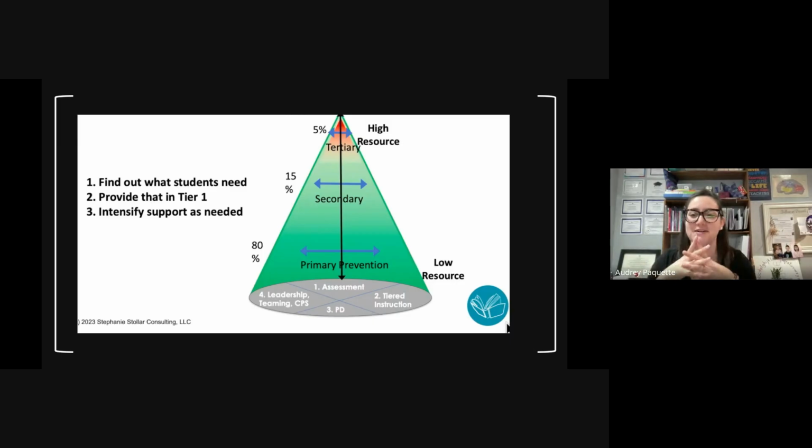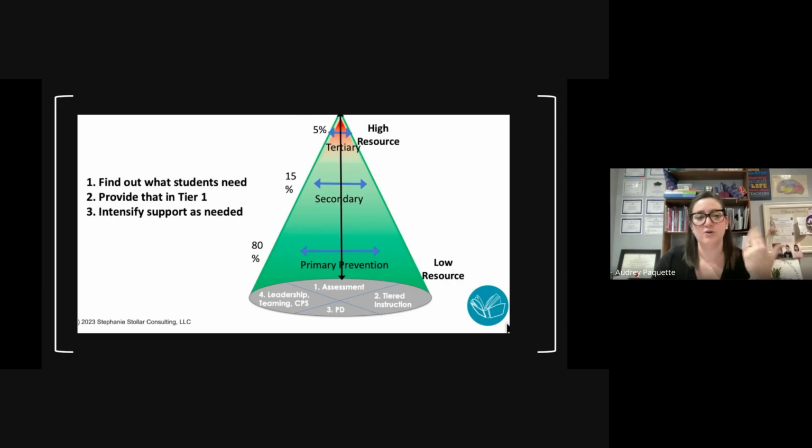It's a cone because she has a base, and in that base this is really where we have those 4 different aspects, which I really want to dig into. If they are not present, then MTSS cannot happen in a school, okay? Those 4 aspects include assessment, tiered instruction, PD, and leadership, teaming, and collaborative problem solving. I will be going in depth with all 4 of these.